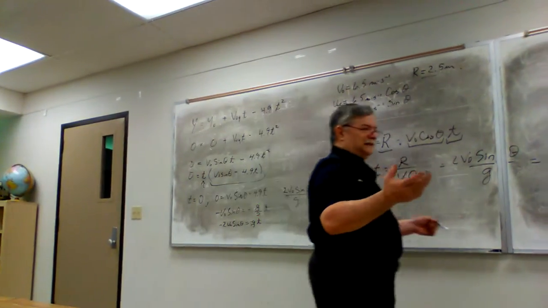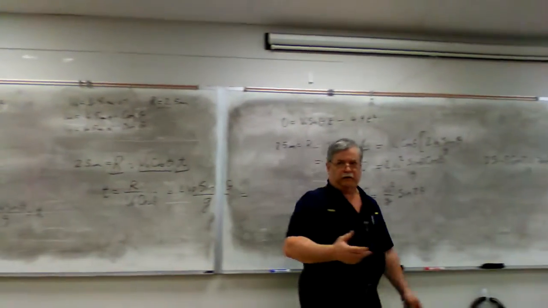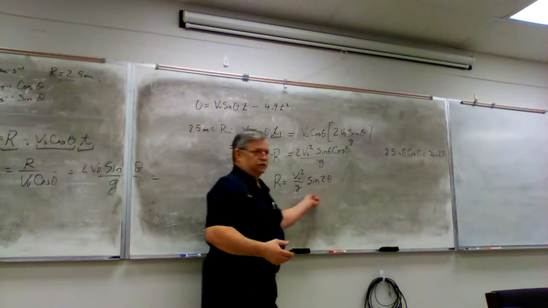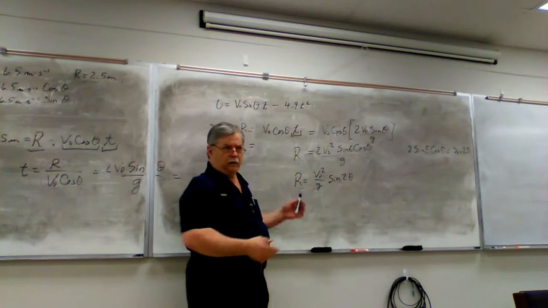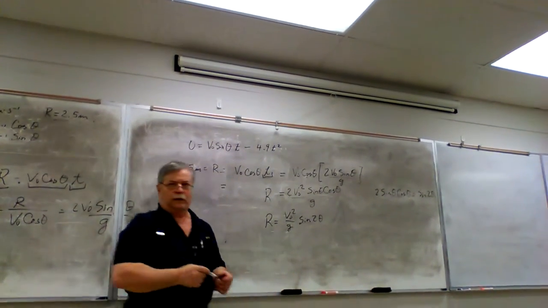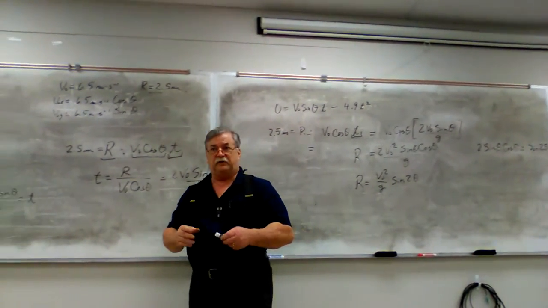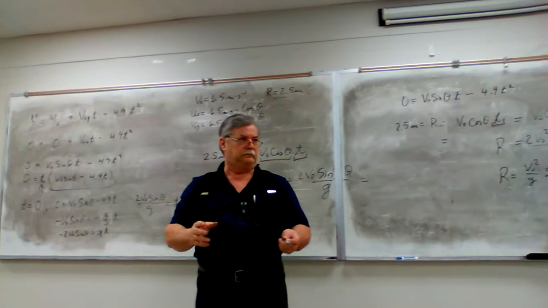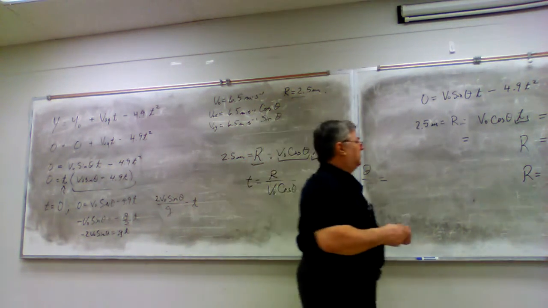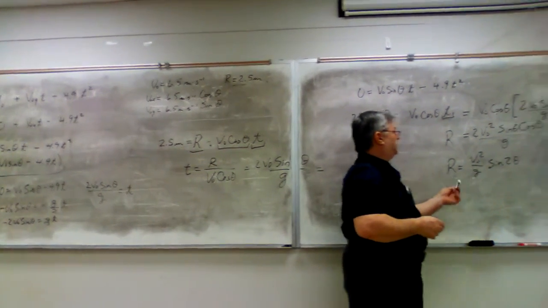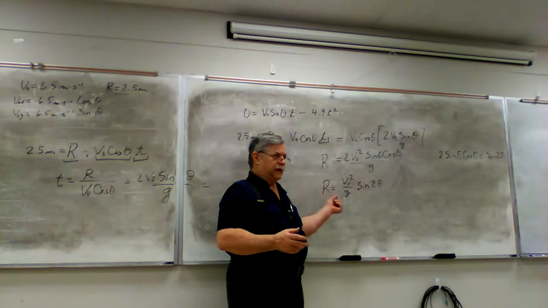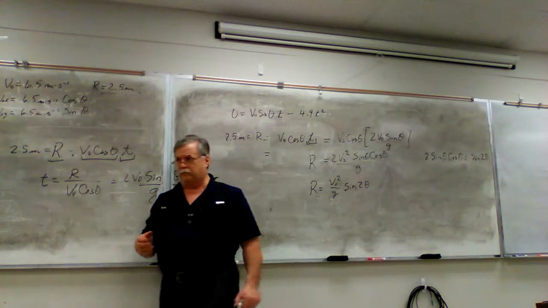Now, before you break out your calculators and start doing a whole lot more math, look at this. How does it vary? It varies as a function of theta. When will it be at its maximum? When will this value be the most it can possibly be? What's its maximum possible value?